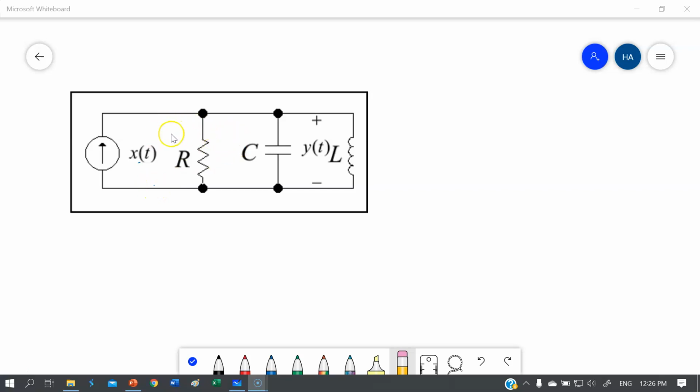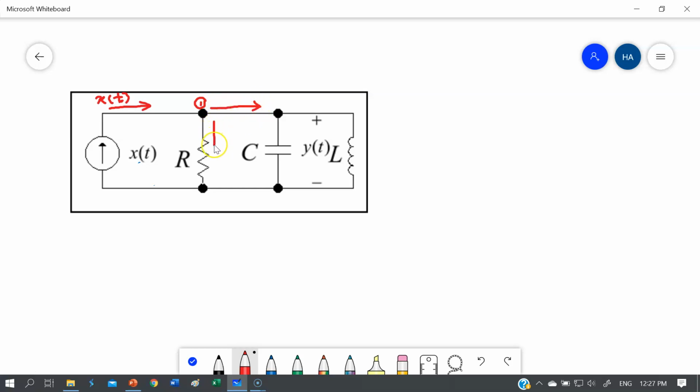For this circuit, you can apply Kirchhoff's current law to solve the problem. Here we have the current flowing this way. So this is x of t. When it reaches this junction, let's call this junction number 1, this current will be divided into two parts.